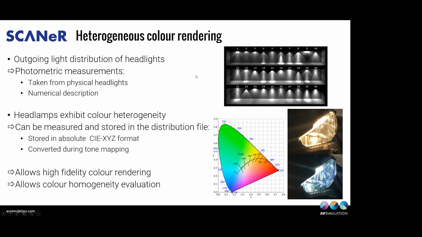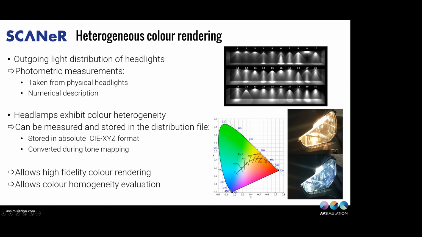Going from this, we are also able to render heterogeneous colors into the scene, because outgoing light distribution of the headlights are calculated from photometric measurements of the actual products, either from a physical product.